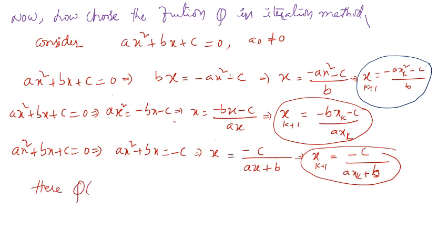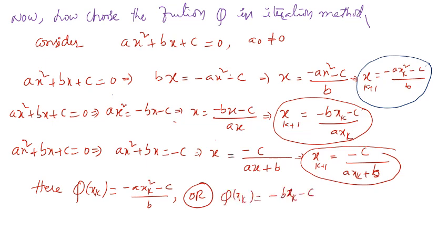Here what is phi of xk? It is the right side: minus axk square minus c by b, or phi of xk is what? The second function, minus bxk minus c by axk, or what is phi of xk? The last function, minus c by axk plus b. Okay, these are the three functions.